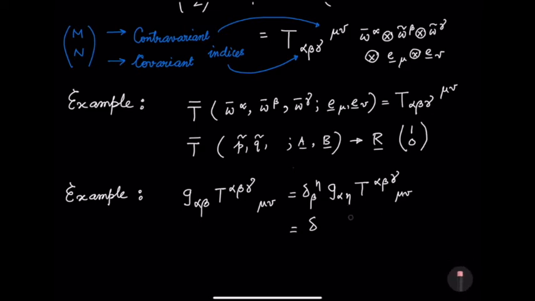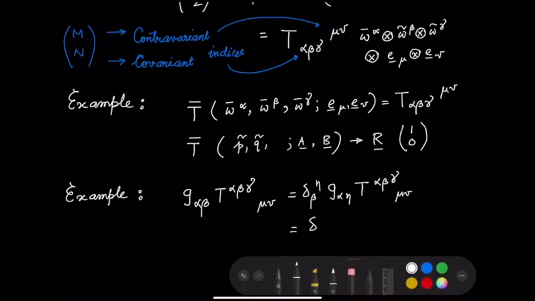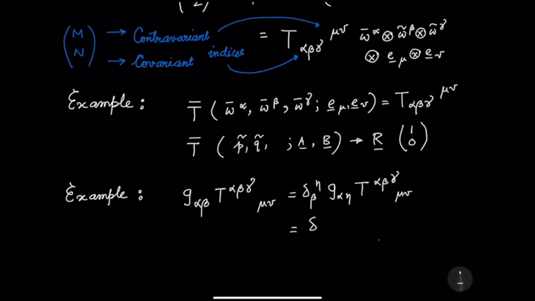So T will become... first index comes down. Now this I still call T, but remember that it has different slots. It has 3 slots in the downstairs and 2 slots in the upstairs.